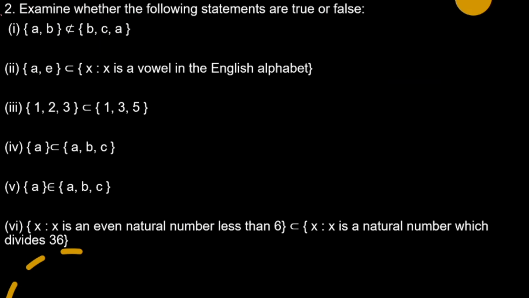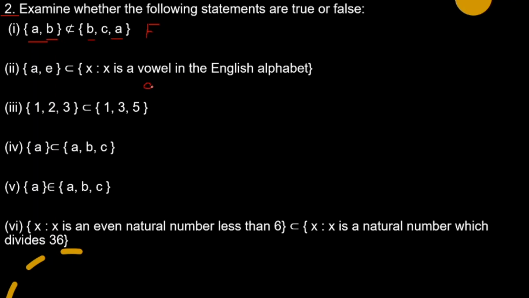Second question, examine whether the following are true or false. {A, B} is not a subset of {B, C, A}. A belongs to this set, B belongs to this set, but they are saying it is not a subset, so false. Next, {A, E} is a subset of {X such that X is a vowel in the English alphabet}.